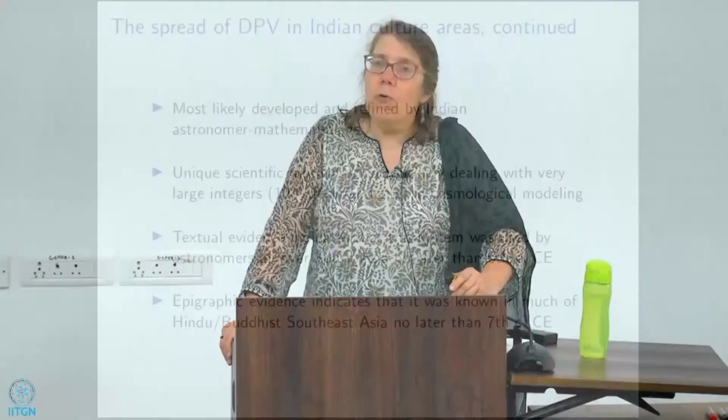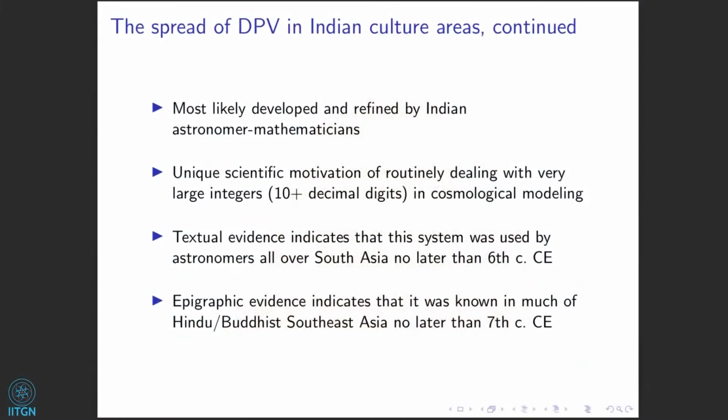Other ancient scientific traditions can do that if they need to, but they tend not to have much interest in it. In the Indian astronomical models, however, these are based on very large estimates for the lifetime of the universe on the order of 4 billion years, and the correspondingly large numbers of revolutions of the different planets during that time.